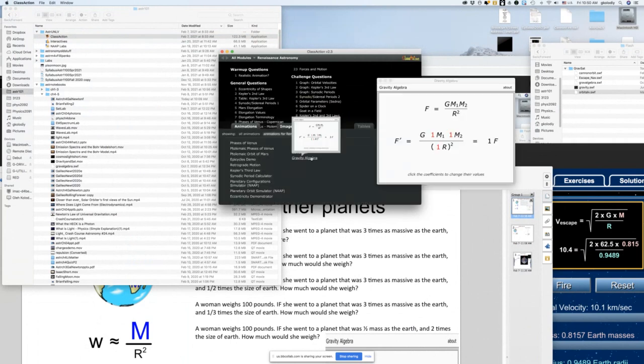Let's go to the simulation here. Okay, so F is 100 pounds. If she went to another planet that was 3 times as massive, then she would weigh 300 pounds. 3 times F, okay?